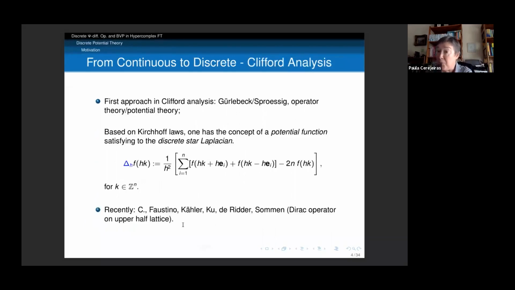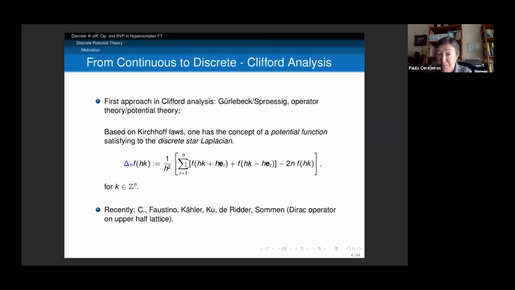The first approach, at least in Clifford analysis, started in the 60s and 70s with works of Kreisel and Sprosik, which are based on the discrete star Laplacian, which is simply evaluating the function at one point and then compensating all the entrants from all different directions in the lattice, a kind of Kirchhoff law of electricity.